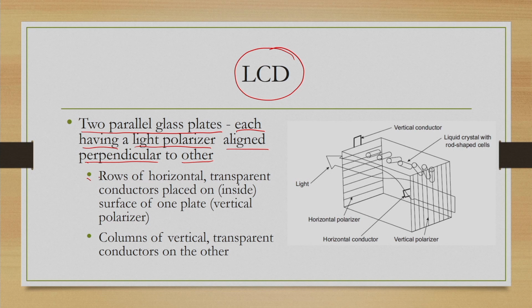Rows of horizontal transparent conductors are placed on the inside surface of one plate having vertical polarizers. Also columns of vertical transparent conductors are on the other plate having horizontal polarizer.